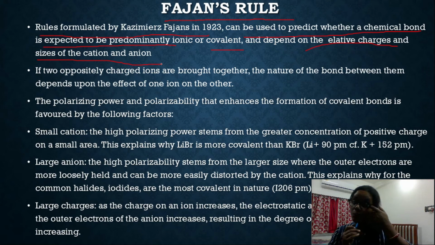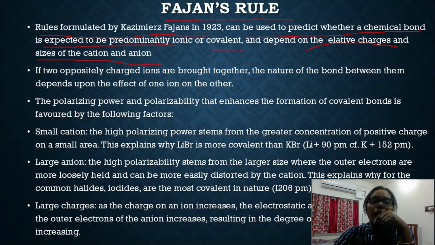Obviously, the bond will preferably have ionic character, or preferably have covalent character. All these things will depend on the size of the ions and the charge of the ions.